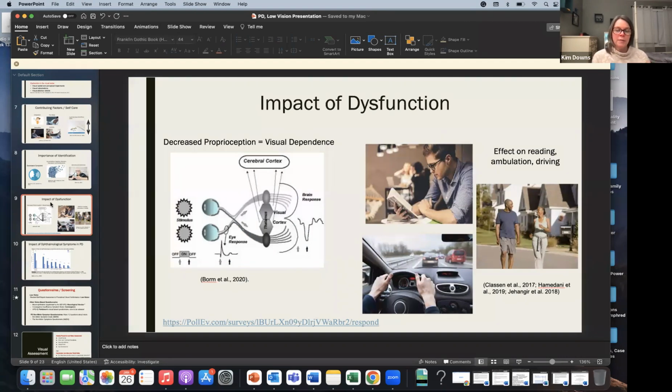Therefore, if they have visual changes, like blurry vision or decreased depth perception, that is going to make it even harder for them to negotiate their environment than it is just with their rigidity. And of course, we know as occupational and physical therapists that this has a direct effect on reading, ambulation, and driving. And those are big issues.